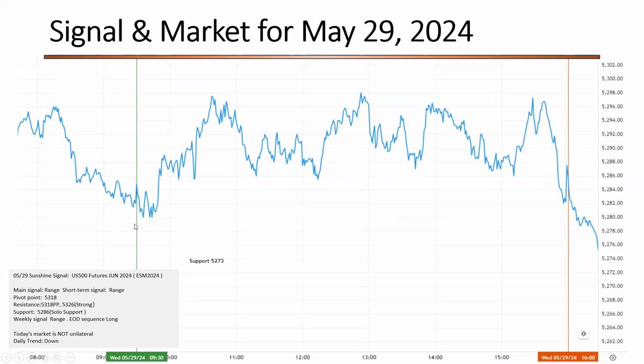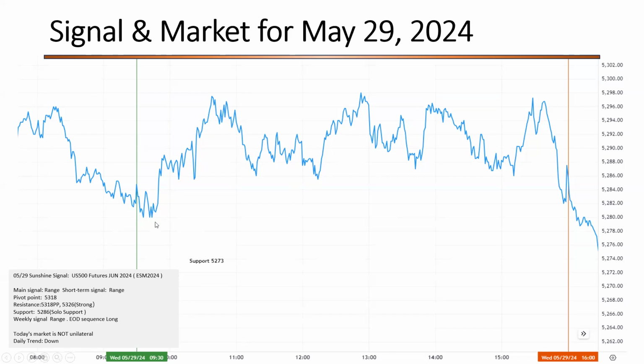Market opened around 52.80, which is a prior support level, and close to our support level here. Generally, because the market opened below the pivot point and it actually went through the support, this would support shorting bounces.